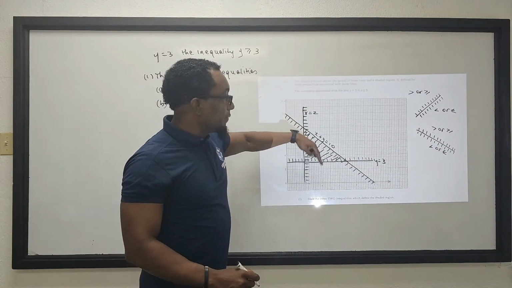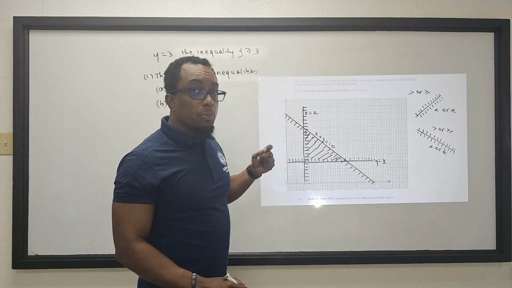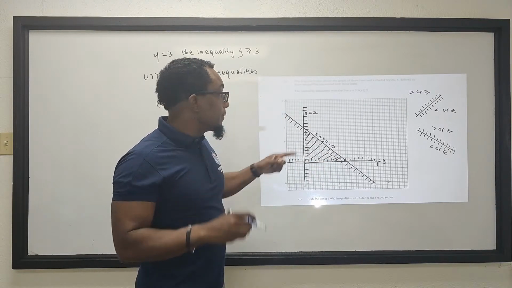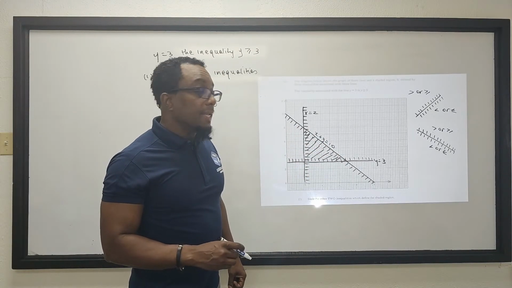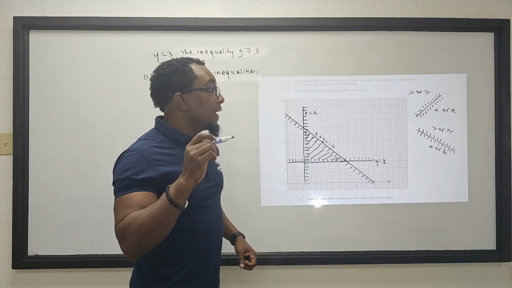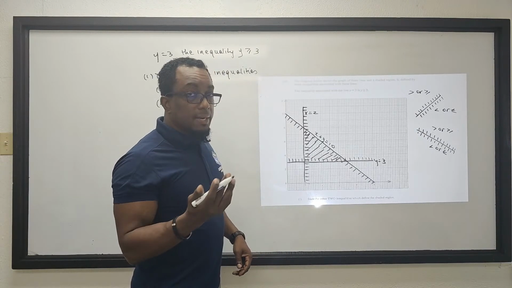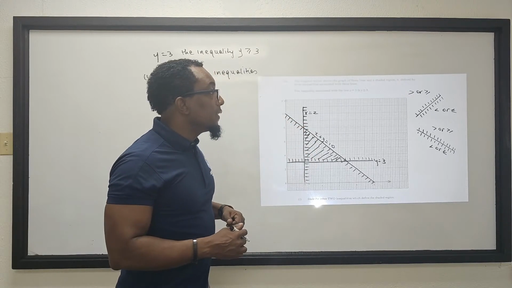And if it's a solid line, we're going to use less than or equal to as opposed to less than. For less than, we're going to use a broken line as the equation of the line. But if it's a solid line, then we normally use less than or equal to or greater than or equal to. So in this case, we shade it below, so it's a less than or equal to.